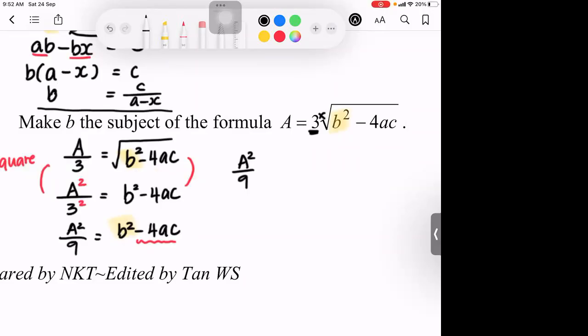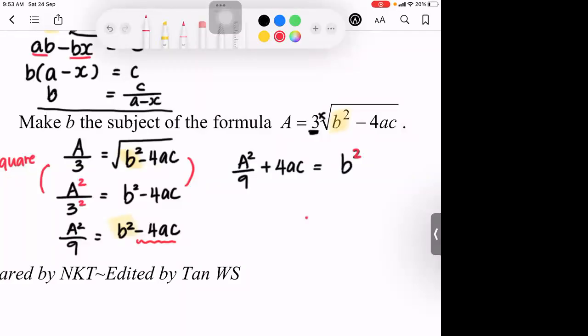Okay, this is minus, so I bring over to the other side, become plus 4ac. Thank you. Equals to b squared. So now b is totally on its own, no other terms already. Okay, so b is on its own. So if b is on its own, then the next step I can do, I want to get rid of the square now.